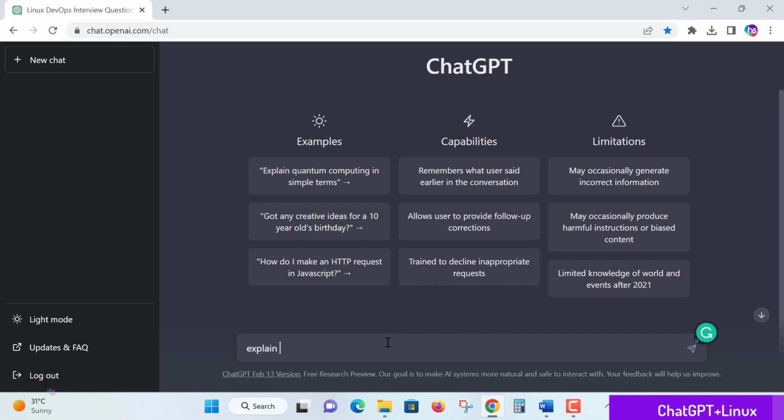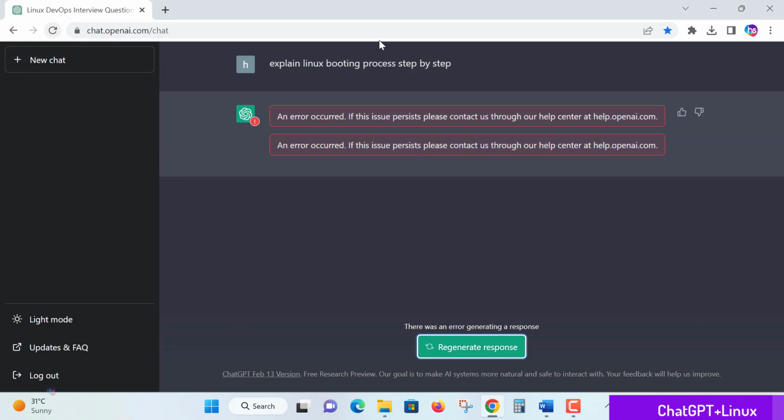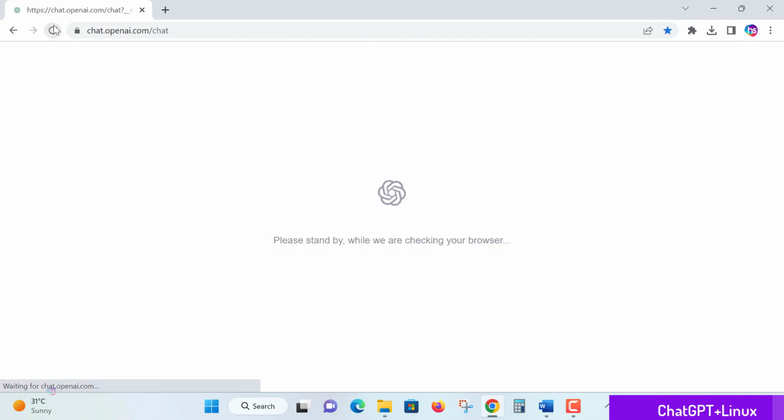I am asking ChatGPT to explain the Linux booting process step by step. So let's see how ChatGPT responds. Wow, it's getting an error message. Let's try Regenerate response. Let me copy the query and reload.